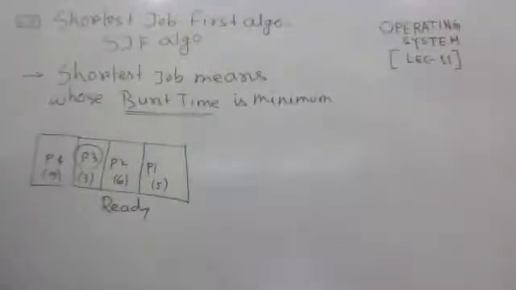Then we have to schedule P1. After that we have to schedule P2, and at last we have to schedule P4. So this is the shortest job first algorithm. Here we have to choose a process whose burst time is minimum.